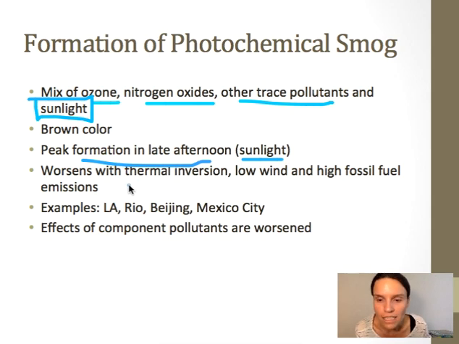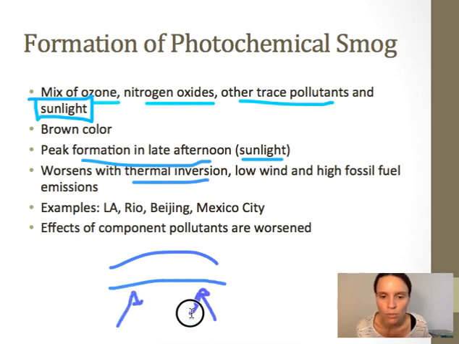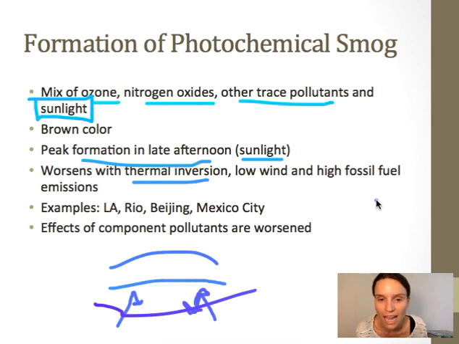And the effects and the existence of photochemical smog worsen with thermal inversion. So if there's a layer of hot air sitting over a city, it can trap photochemical smog below it. Also, it worsens when there is not a lot of wind to blow the photochemical smog out of the area, and when there's high fossil fuel emissions because fossil fuels give off these nitrogen oxides.